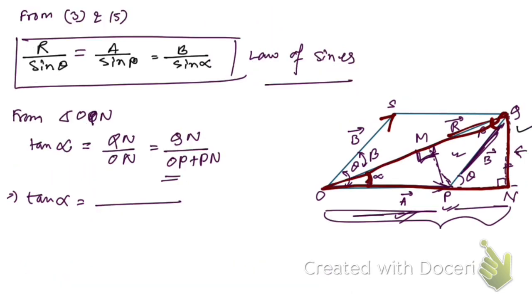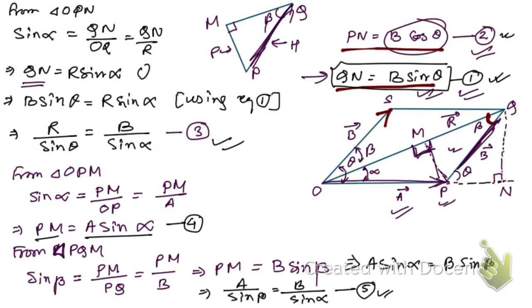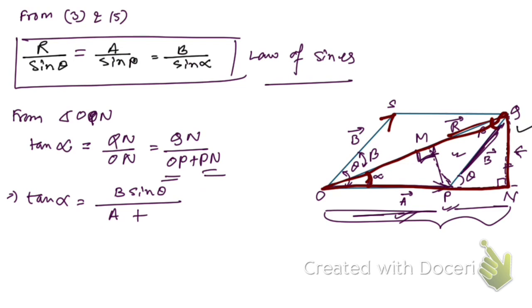So we can replace QN by b sine theta, and OP is nothing but A. And PN, from equation number 2, PN is equal to b cos theta.